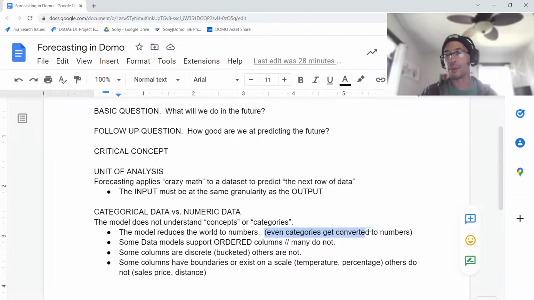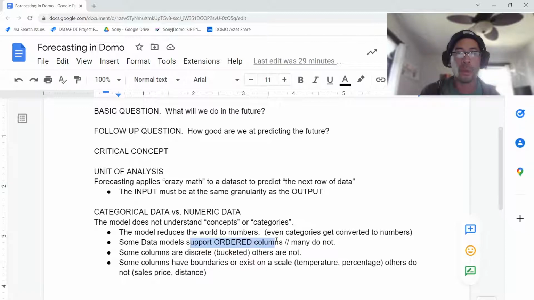All categorical data in your model will get reduced to a number. Objectively, that's true. You might sell a game, you might sell a cookie, you might sell cereal, but your data model will turn it into a number: 1, 2, 3, 4, 5. The only question after it reduces your categorical data into a number is if the data is ordered or not.